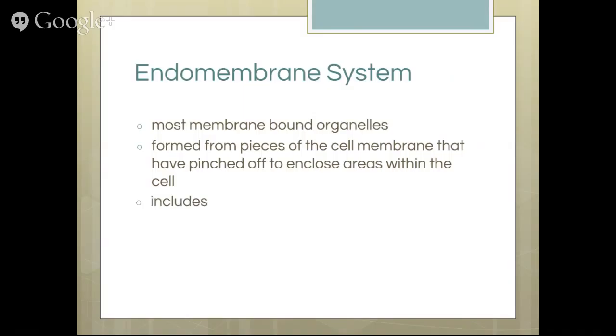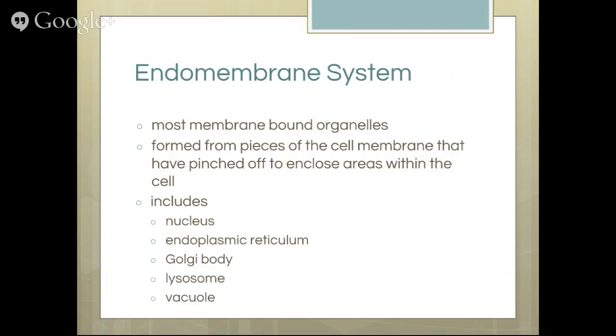The endomembrane system includes the nucleus, something called the endoplasmic reticulum, the Golgi body, the lysosomes, and the vacuole. All of these 5 organelles have the same outer composition. What they do on the inside, depending on what they enclose, is going to be a little bit different.